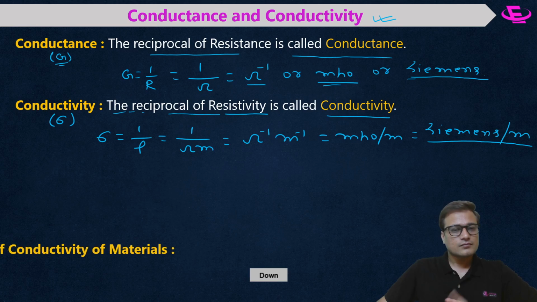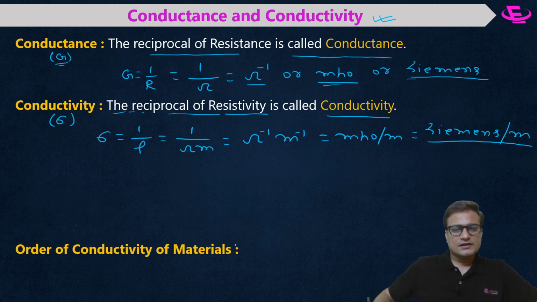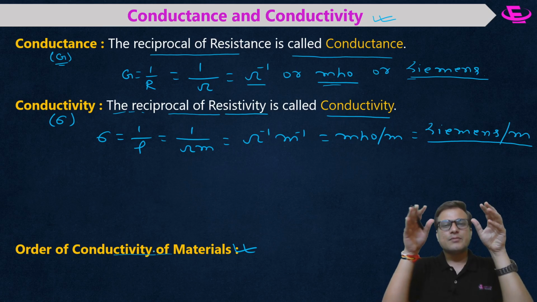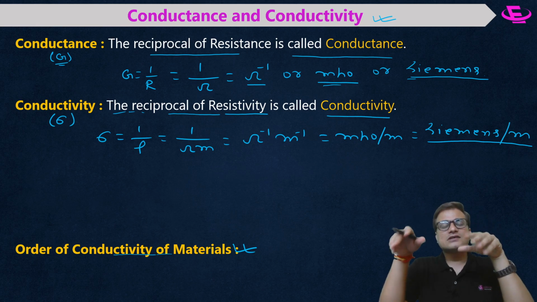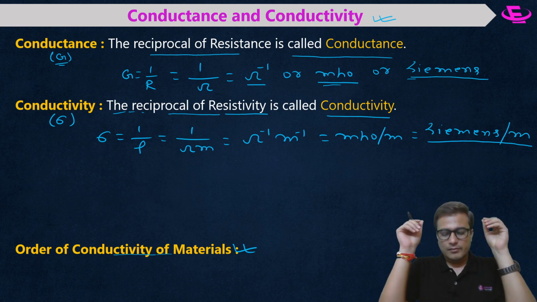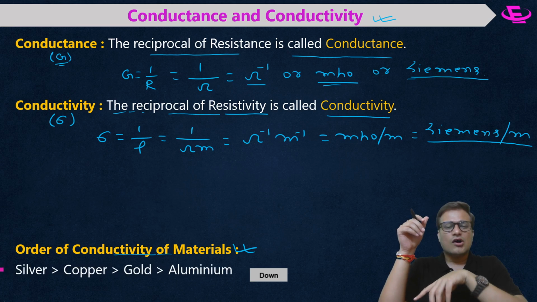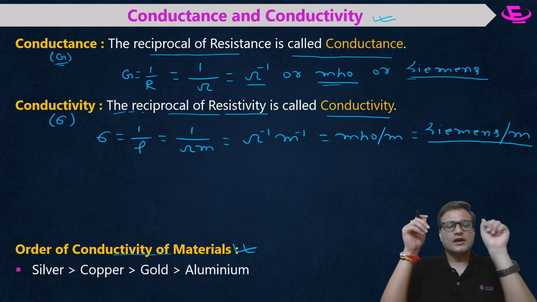Clear? Next, this is a very important point. In any competitive examinations, you can expect this question, or in semester also, if they ask some objective questions, they may ask you this question from basic electrical engineering: the order of conductivity of materials.